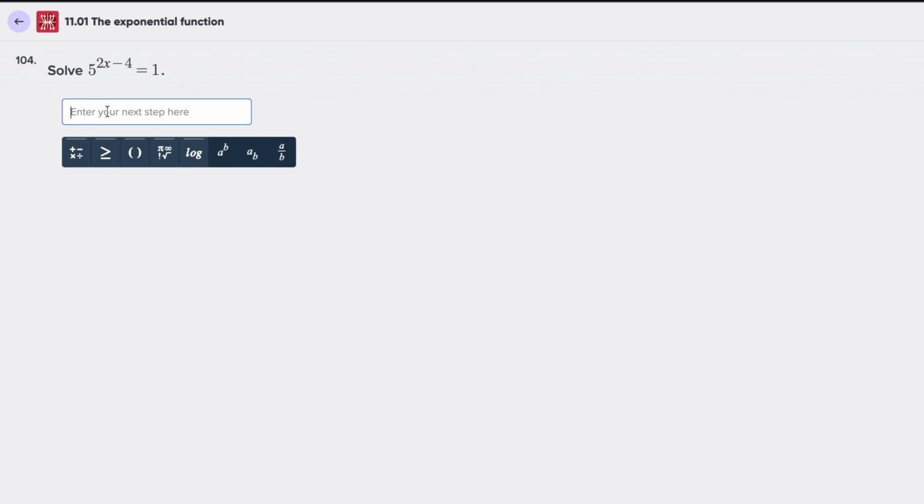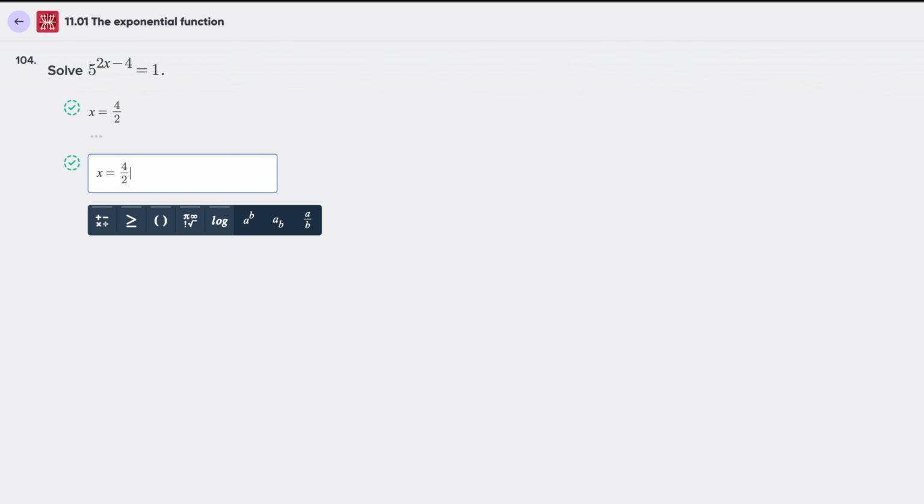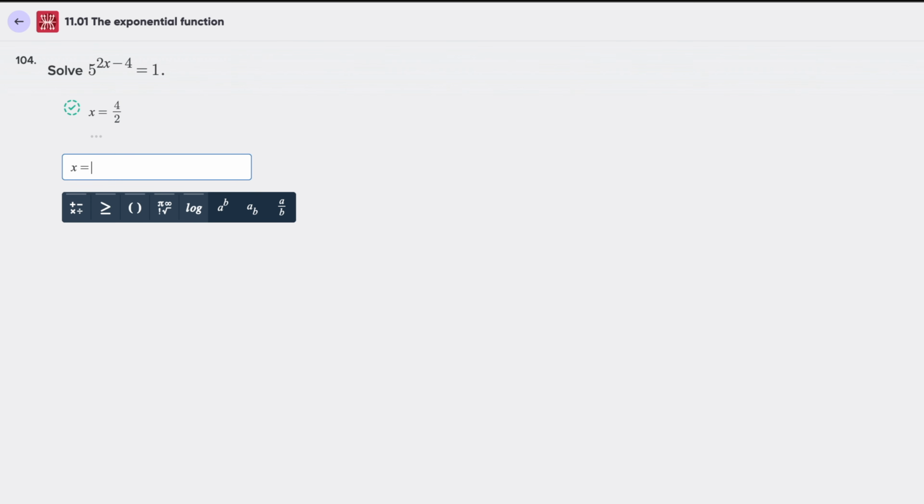So you have to think 2x minus 4 equals 0, 2x equals 4, x equals 4 over 2. Sorry, x is equal to 2.